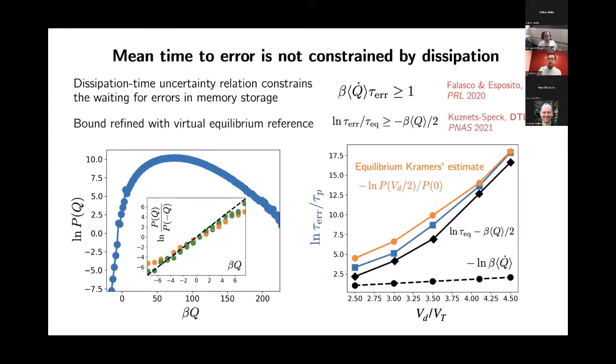You can bound it from below with a rate enhancement bound due to my student Ben Guzman-Speck that tells you that the rate enhancement associated with coupling to a dissipative process is bounded from below by the excess entropy produced. And so this is a fairly tight bound, which actually manifests the fact that at large driving voltages, you, in some sense, approach an equilibrium state because the leakage currents get so small.